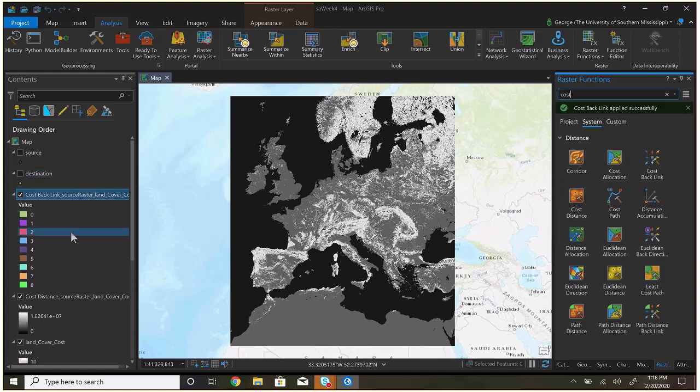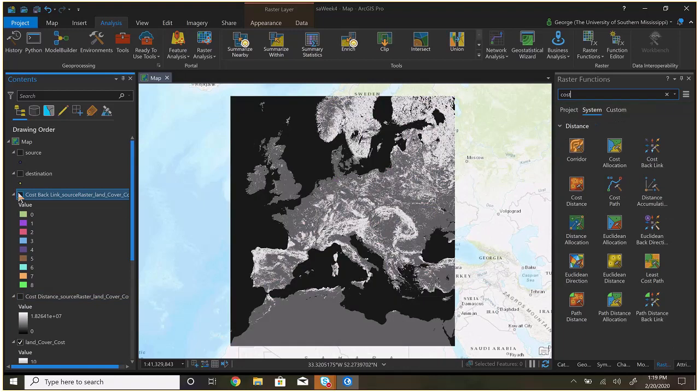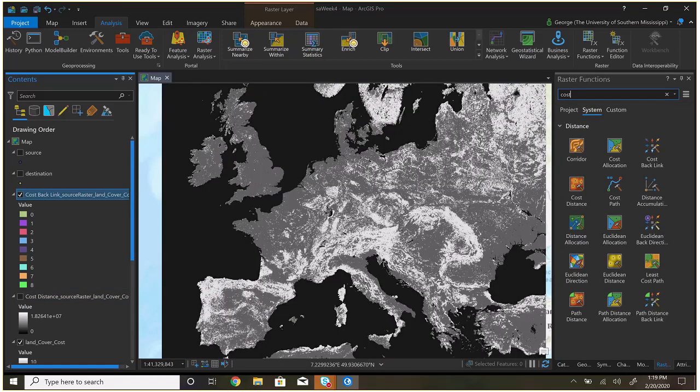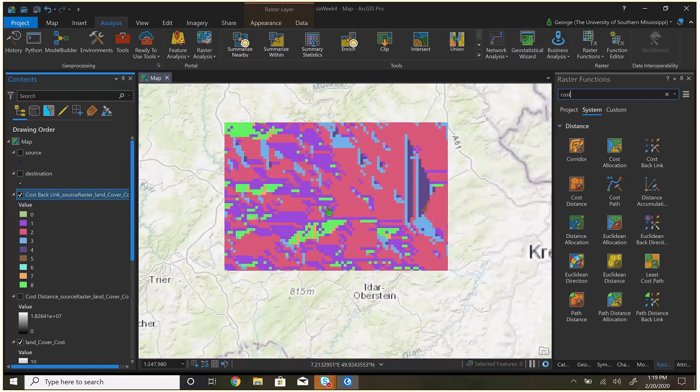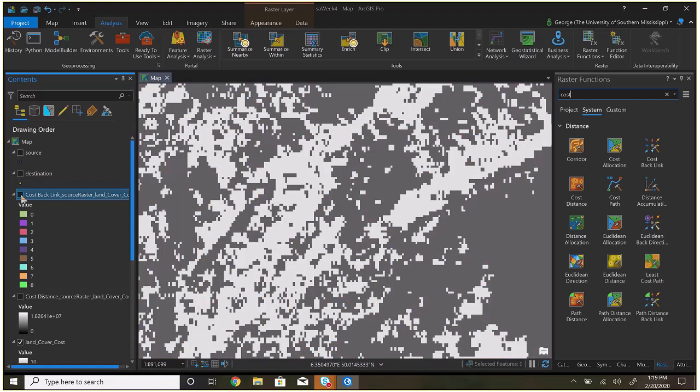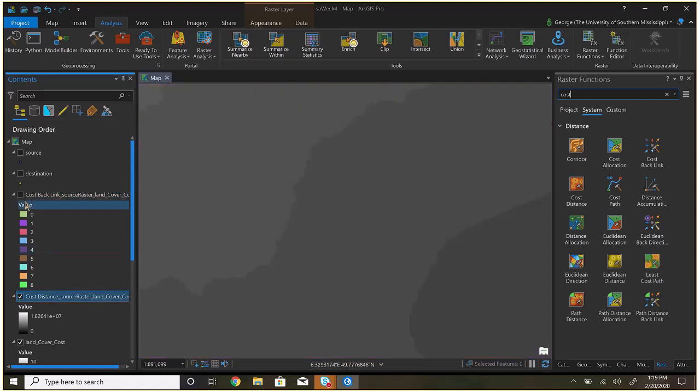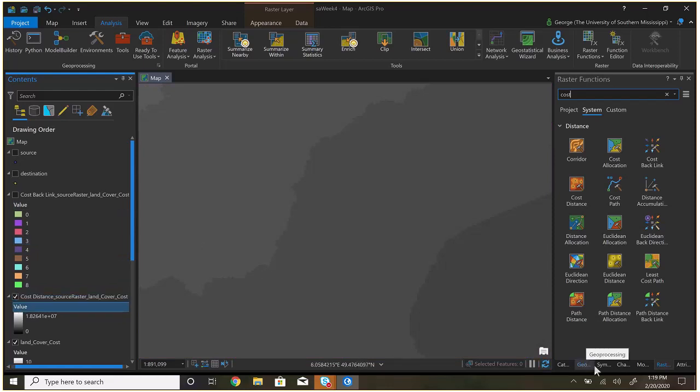Okay. That looks right. Oh yeah, that's the cost distance data set. But remember, we need to symbolize it.